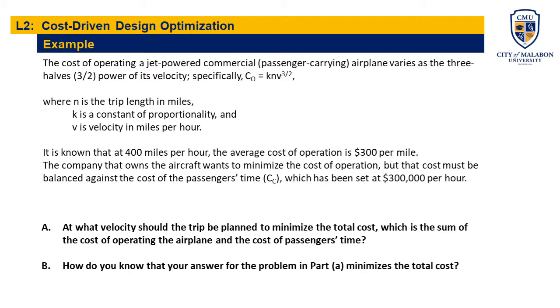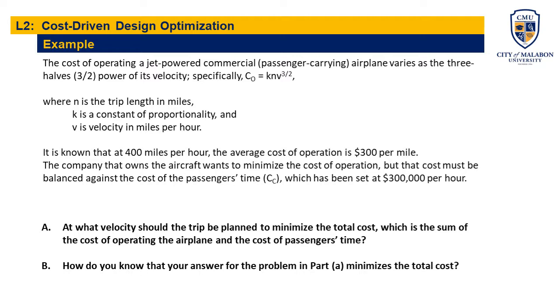It is the sum of the cost of operating the airplane plus the cost of passengers' time. And next, how do we know that our answer for the problem in part A minimizes the total cost? So these are the questions that we should answer for this particular problem.